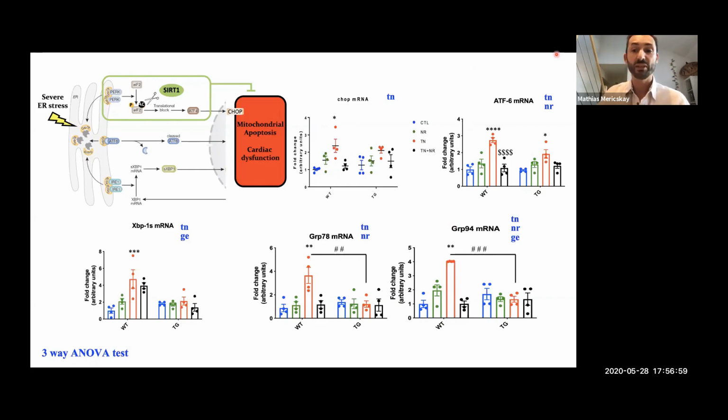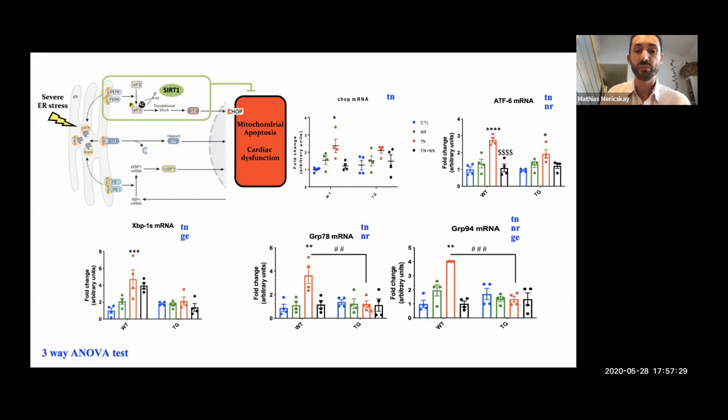The ATF6 mRNA, which is also a marker of this branch of ER stress, or here this splice form of XBP1 mRNA, which is also a transcription factor involved in the regulation of chaperone and apoptosis. And of these chaperones, which are located in the ER itself, like GRP78 and GRP94, all of them are robustly induced by tunicamycin in the wild type, brought back to normal by NR treatment.